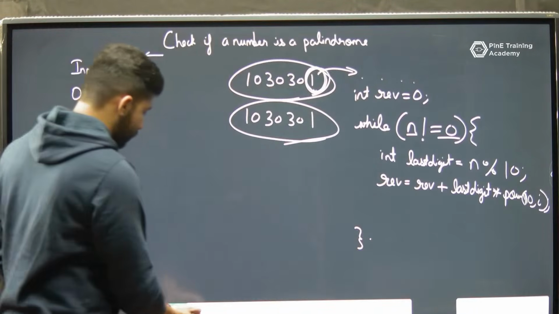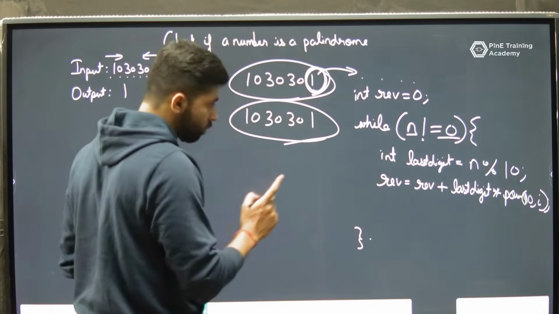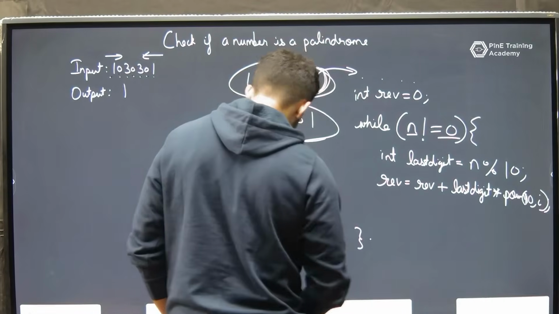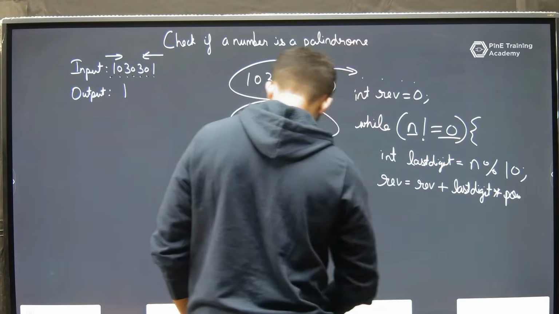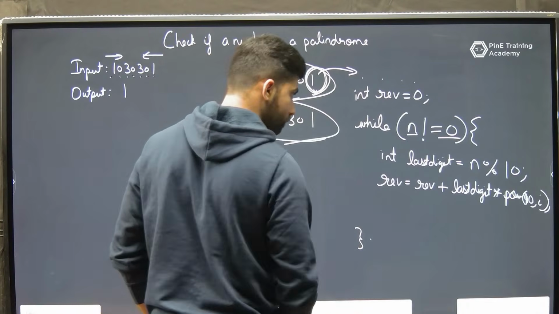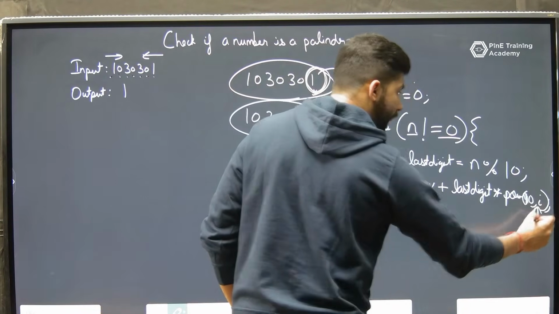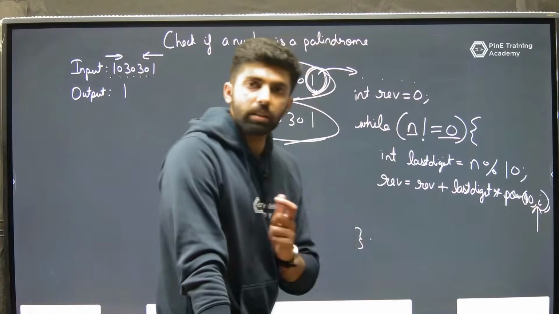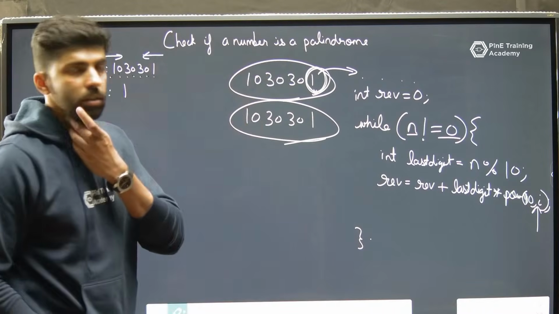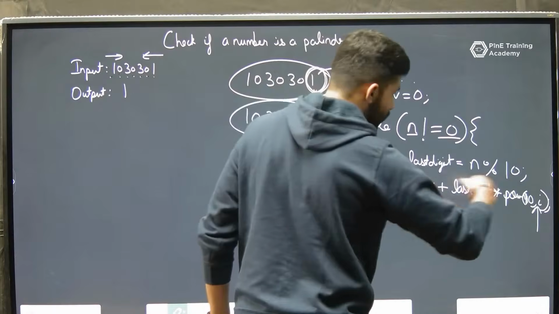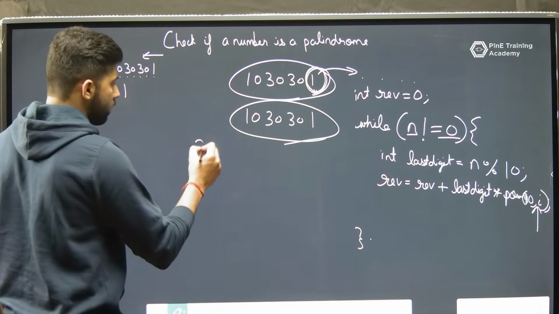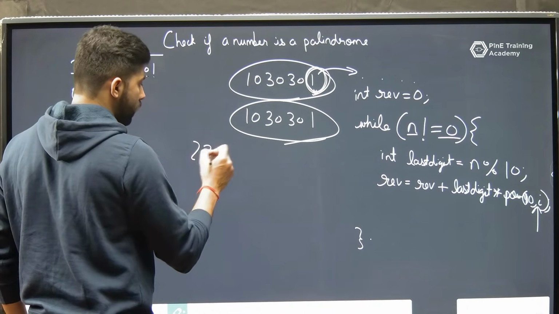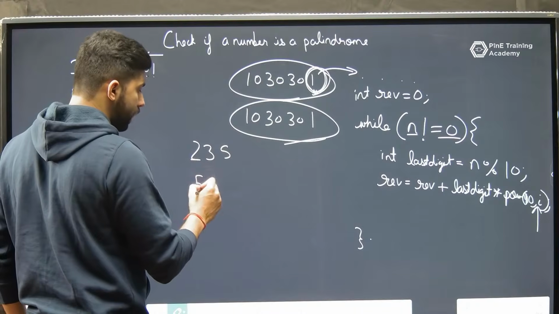Okay, now in this case there are several ways to write this code. One of them is that we handle the i differently in this case. The code can be the same, but how we handle the i can be changed, or we can change this particular line. So if you see 235, I need to make it 532.